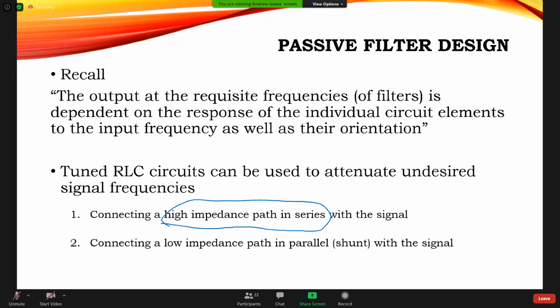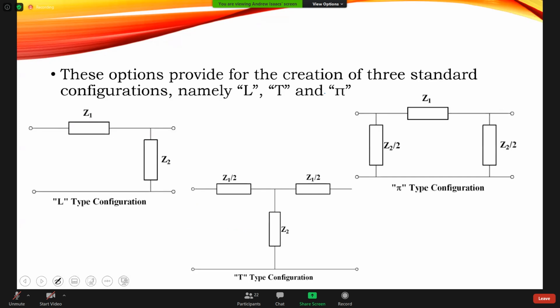I'm going to do that using the tuned circuits. And so in wrapping up this evening, these will be your final diagrams. These options provide for the creation of 3 standard configurations. We can either have an L-type configuration, a T configuration, or a pi configuration. Those are the 3 standard configurations that we are going to be looking at.